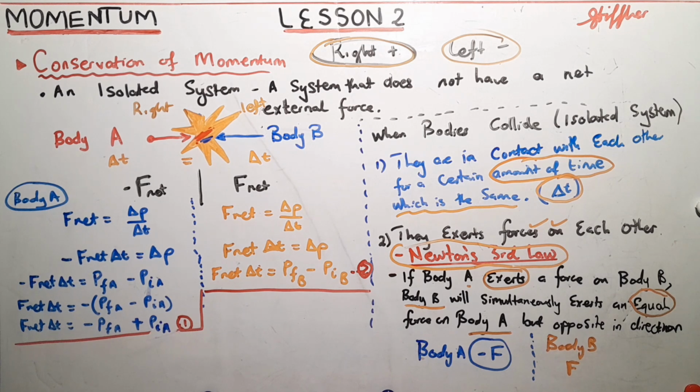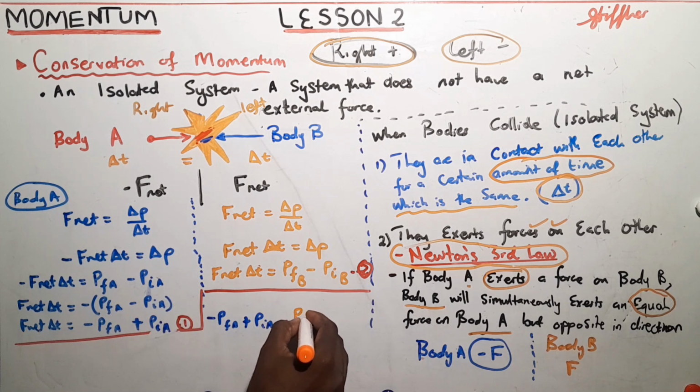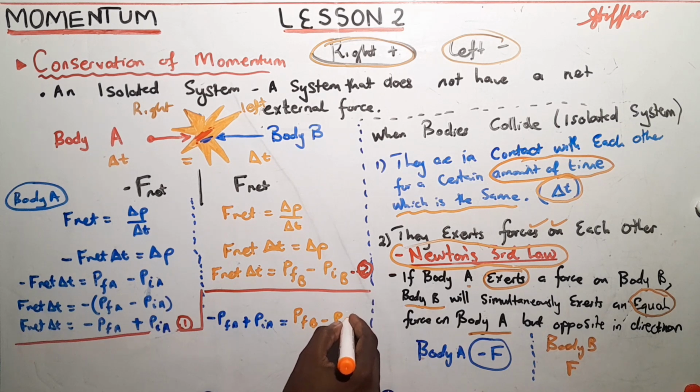From body A, we can see that negative momentum final of A plus momentum initial of A will be equivalent to what we know about body B: momentum final of B minus momentum initial of B.